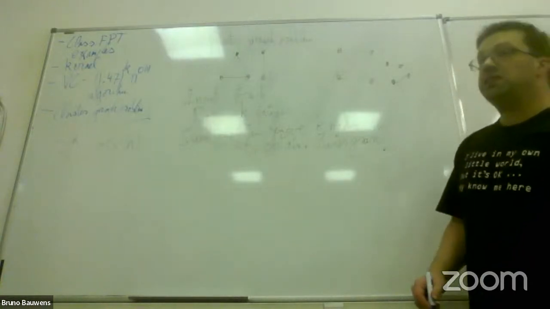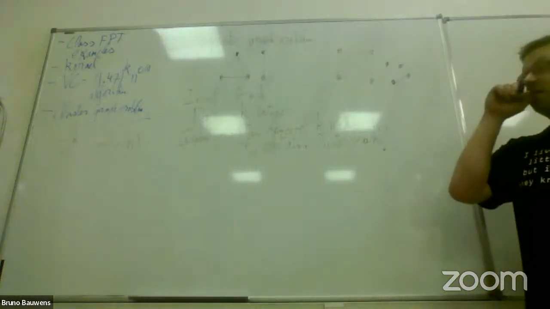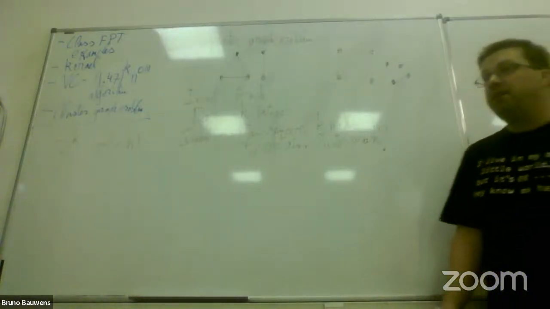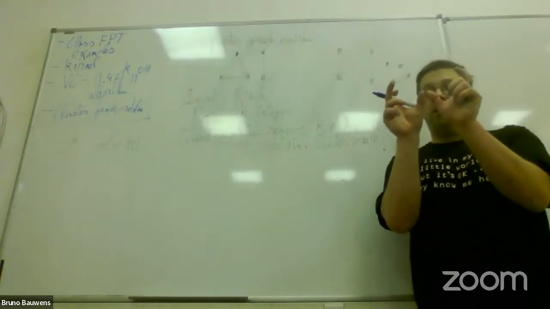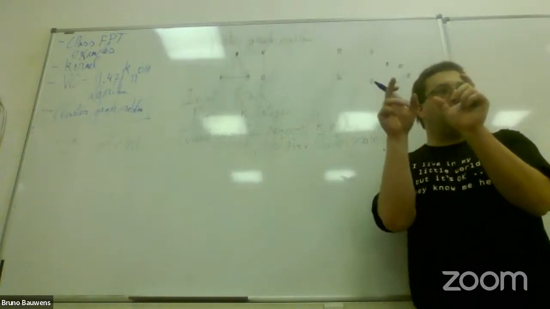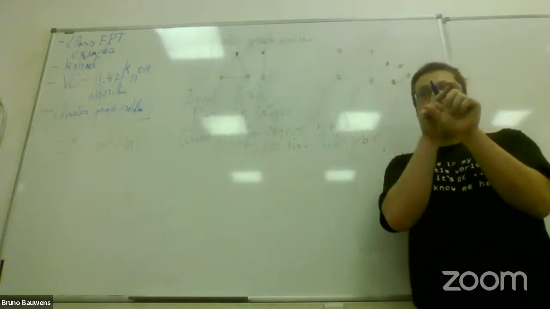So the observation is that in a cluster graph, any two edges that share one endpoint, so if we look at any path of length 2, the endpoints should also be connected.